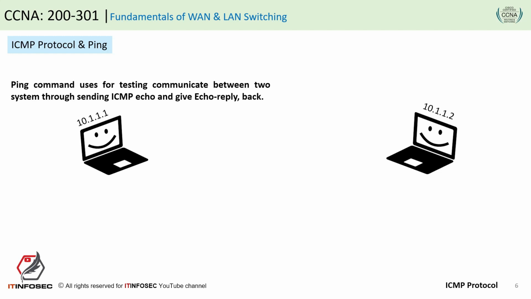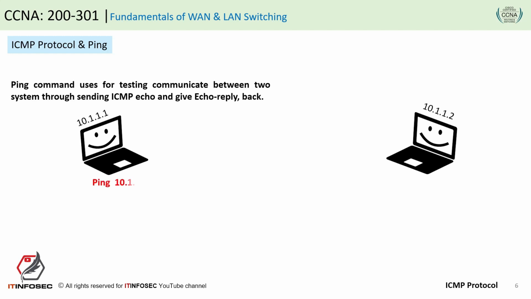Imagine you have two systems with IP addresses 10.1.1.1 and 10.1.1.2. Both of them are in a class A network that starts with net ID number 10 and continues with 1.1.1 and 2.